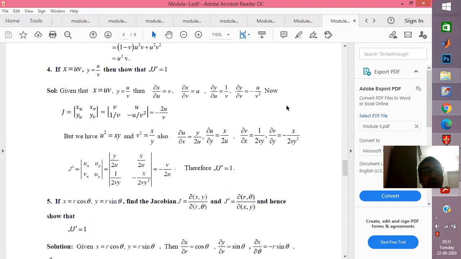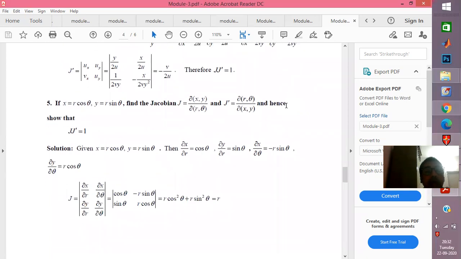So we have u square is equal to xy and v square is equal to x by y. Then you find out your dou u by dou x, dou u by dou y, dou v by dou x, dou v by dou y. Plug into the Jacobian rule, and then you get v by 2u, and you can actually see J is already 2u by v, therefore that product will give us 1.